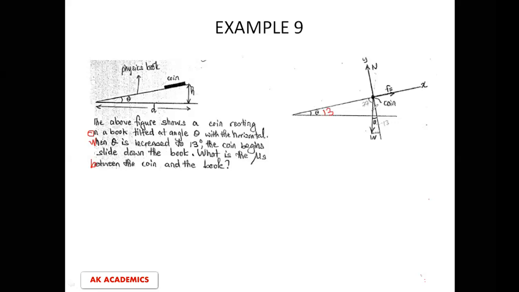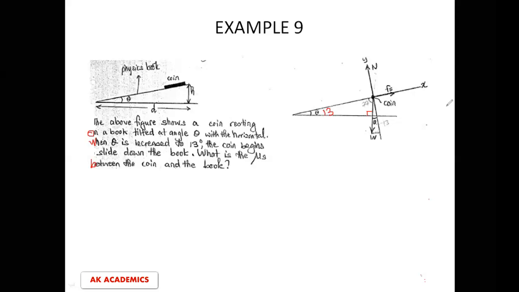It will be 77, because all the angles in a triangle must add up to 180. You take 13 from 90 to get 77. If this is 77 and this is 13, then the angle here is also 13.